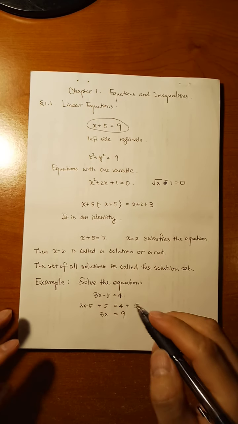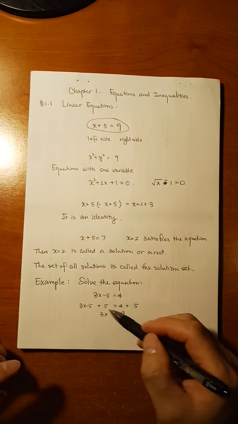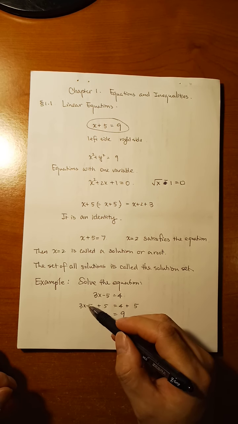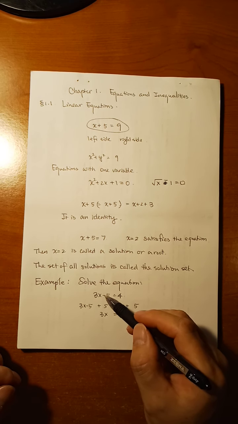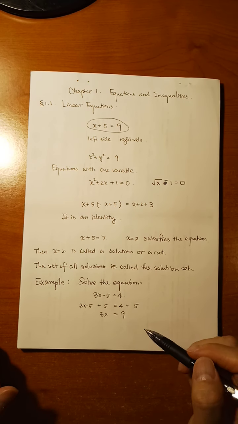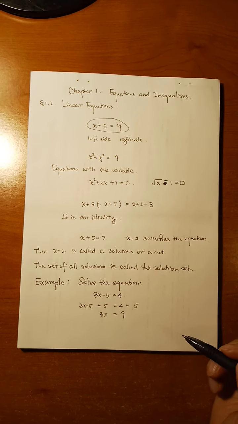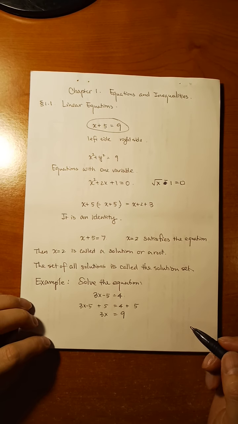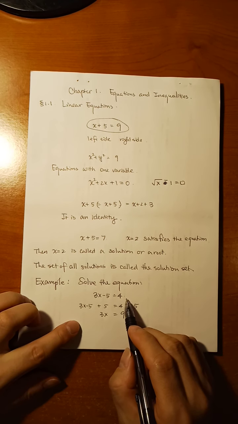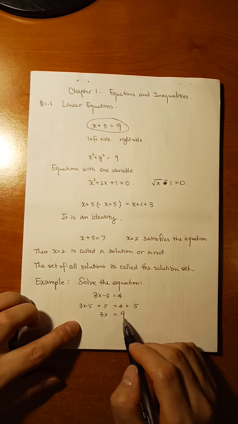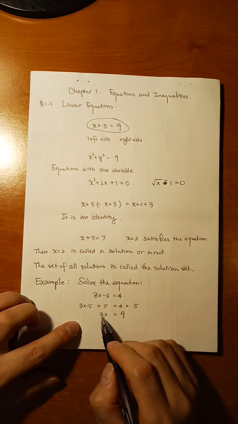Right? So if you are not so familiar with this operation, you just say let's add 5. Because here's minus 5, we add 5. If the original problem has plus 5, you are going to subtract 5. You always do the opposite operation. Okay? So now you move all the constant numbers into the right-hand side, and you have a coefficient.